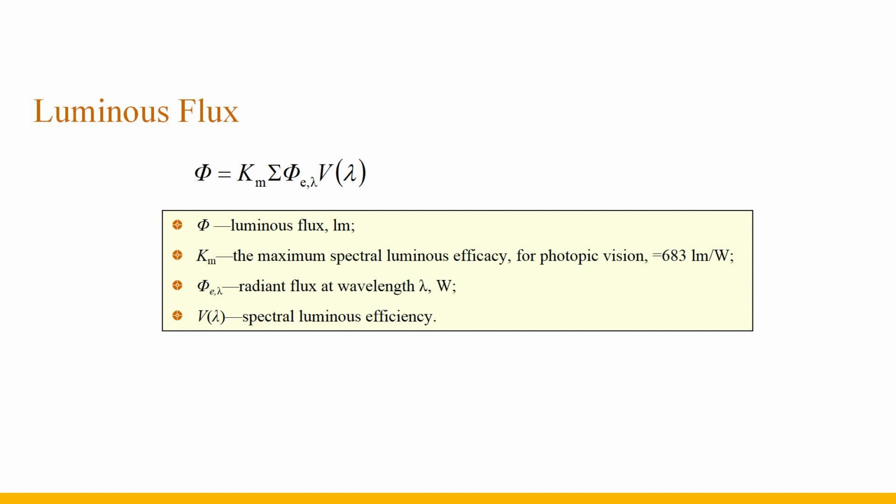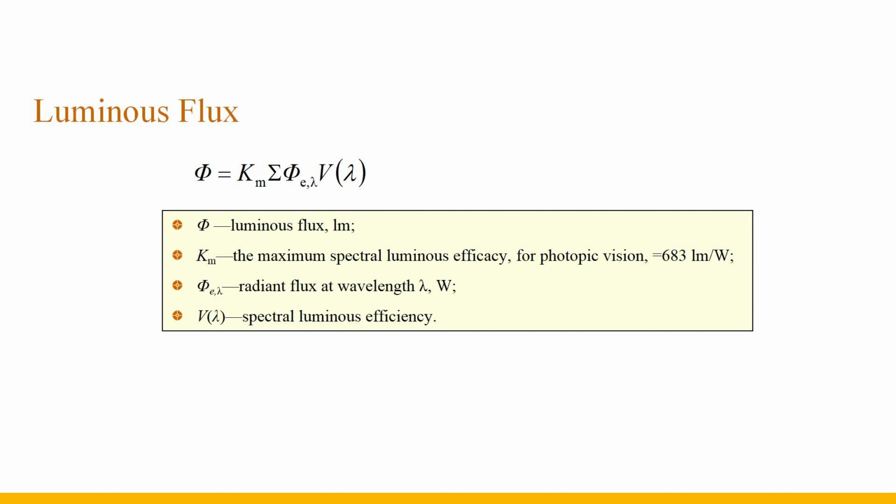Since the human eye has different sensitivities to electromagnetic waves of different wavelengths, the amount of light cannot be directly measured by the radiant power or radiant flux of the light source, so the luminous flux is used to measure it. Luminous flux refers to the radiant flux in the visible light range as perceived by the human eye.